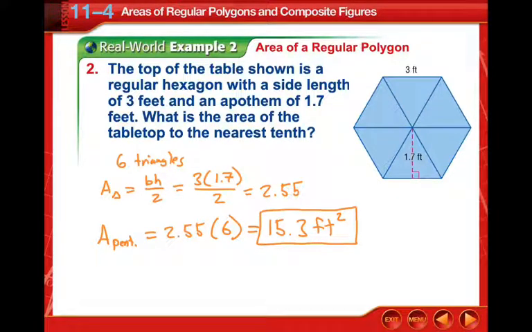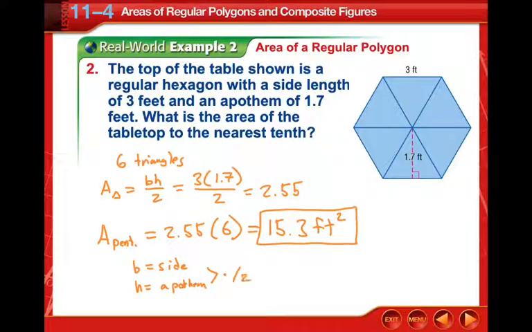So that's it. So let's look at what we just did, right? We did the base, or that's the side, right? The base here is the side. The height is the apothem. And then we multiply that together.